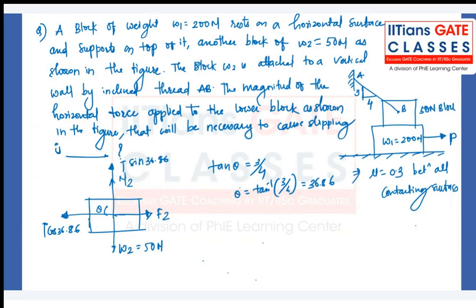Is the free body diagram clear to you all for block number 2? Any doubt in this? Okay, it is clear? Then very good. You can do the summation of all vertical forces equal to 0, and summation of all horizontal forces equal to 0, because of the equations of equilibrium.